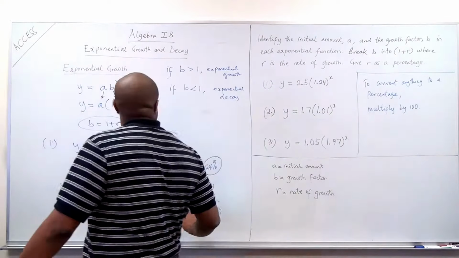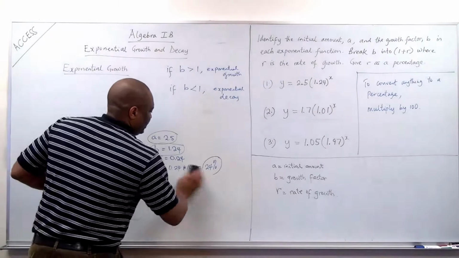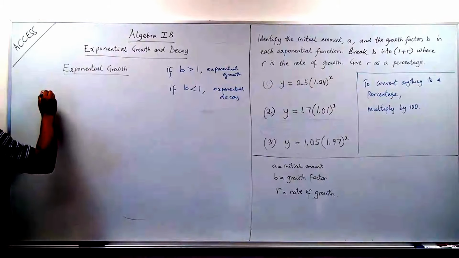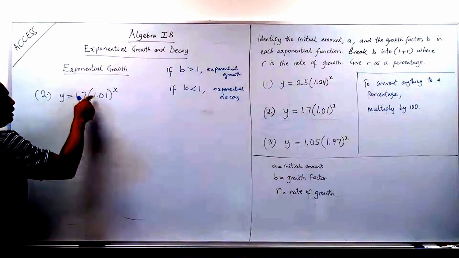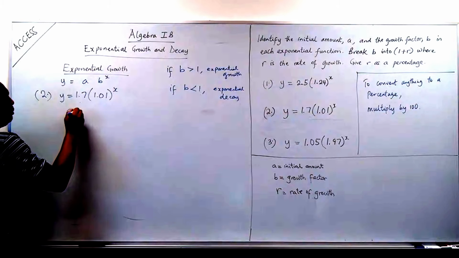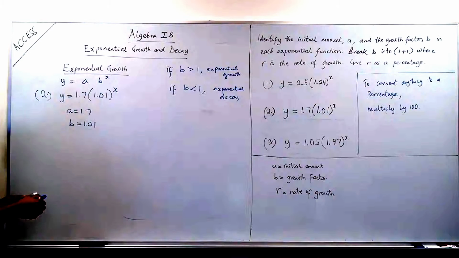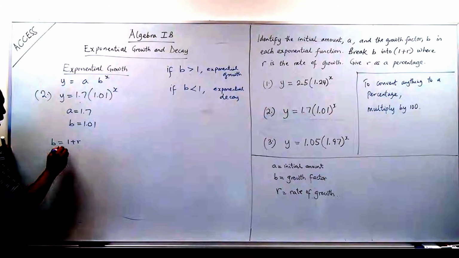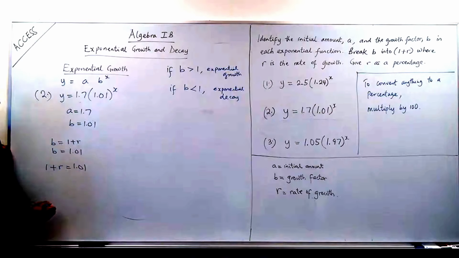Okay, let's do number 2 and number 3, and then we call it a day. Now you still remember this? B is 1 plus R. So number 2, we have Y equals 1.7 times 1.01 to the power X. Remember, Y is A B to the X. So our A is 1.7, our B is 1.01. Then of course, you also know that our B is equal to 1 plus R. So 1 plus R is equal to 1.01.